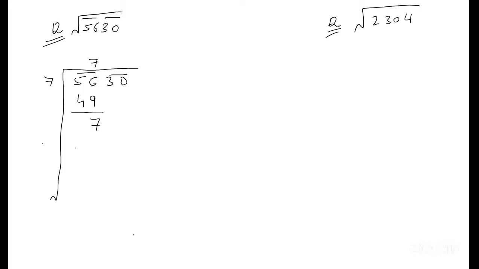Then 3 and 0, bring it down. See, ma'am, 730. Then you add 7 and 7, which is 14, and put a dash. Then, ma'am, I put 4. Okay, did you try with 5? This time I tried with 5. I was getting 755.